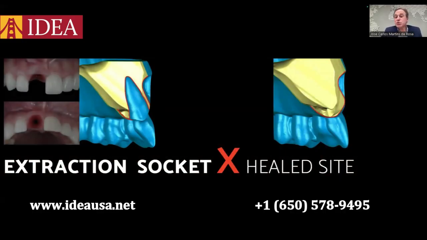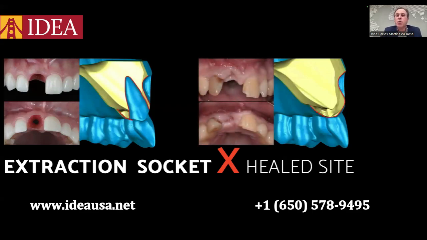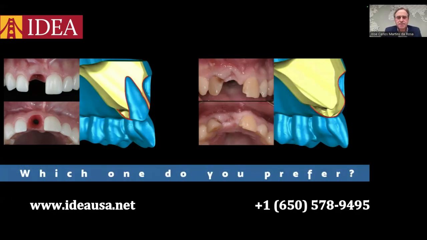To work with the extraction socket right after we perform the tooth extraction, doing the bone reconstruction and everything in one single shot, or would you prefer to extract the tooth, wait a couple of weeks or months, and then start the bone regeneration, bone and soft tissue augmentation? And you see here two different scenarios. Which one do you prefer?